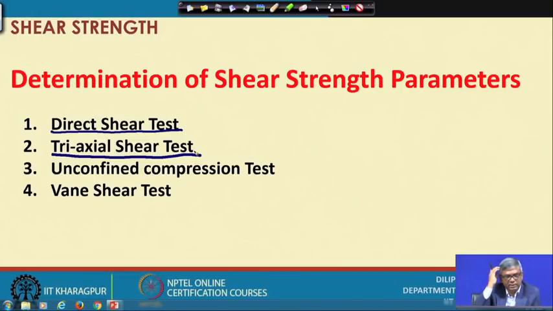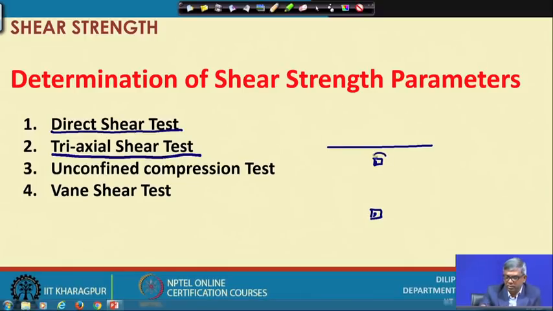This triaxial shear test is a unique one, a universal one. Triaxial means three stresses we can apply. As I have mentioned before, if this is the ground surface, and if I take a sample from here, and if I take a sample here, the stress condition here and here is totally different.